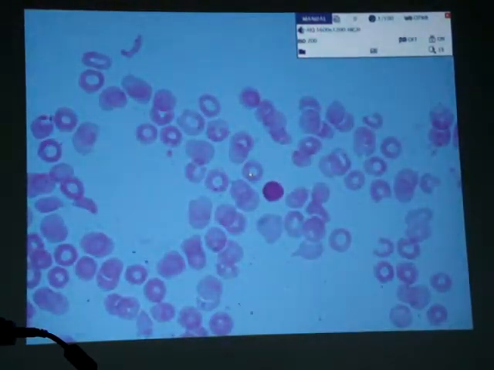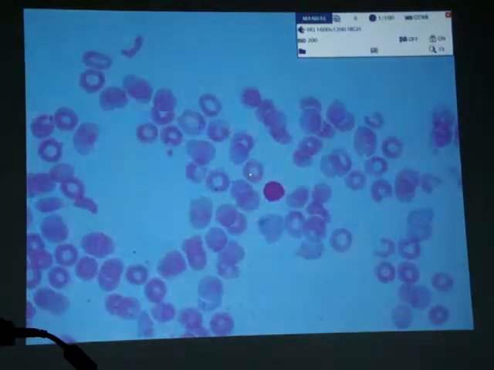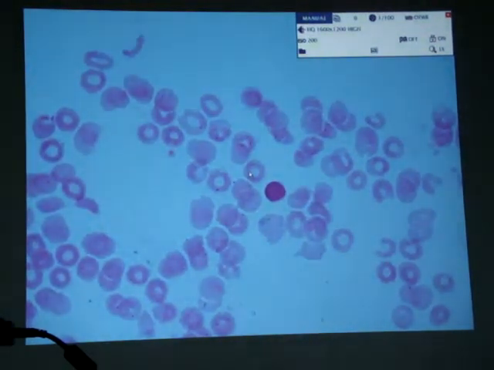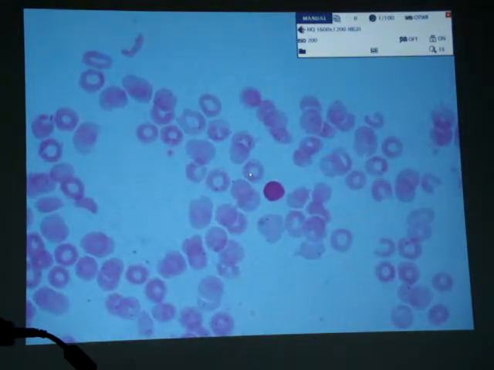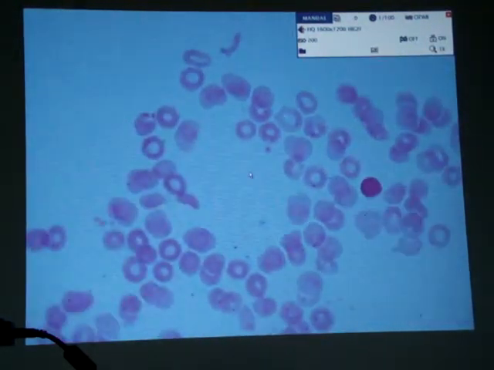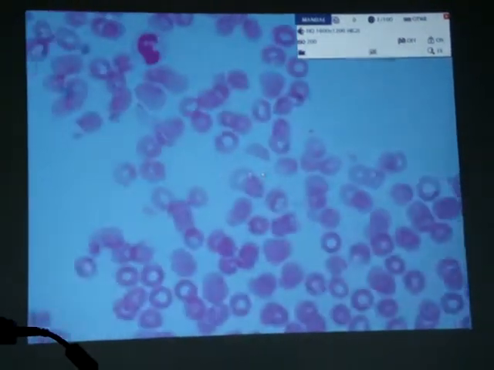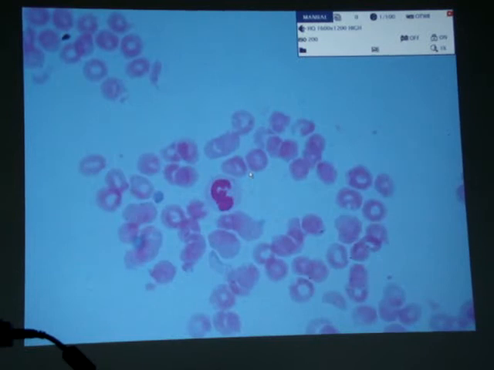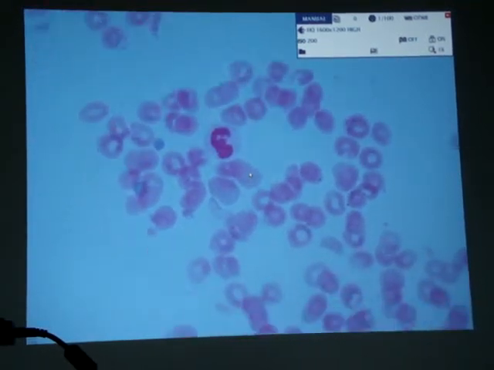Identify that leukocyte, a lymphocyte. So observe the size of that cell relative to the size of the adjacent red blood cells, the size of their nucleus, and then the volume of the cytoplasm, which is very scant.